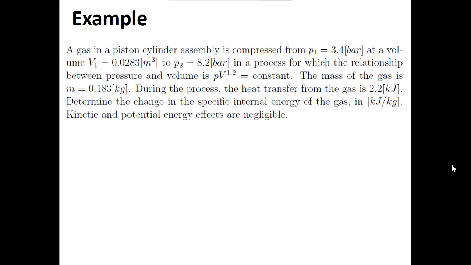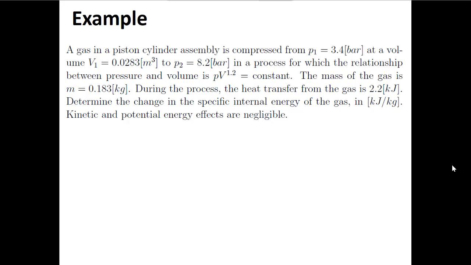So in this problem, we're told that a gas in a piston cylinder assembly is compressed from P1 at 3.4 bar to P2 at 8.2 bar in a process for which the relationship between pressure and volume is given: PV to the 1.2 is constant.